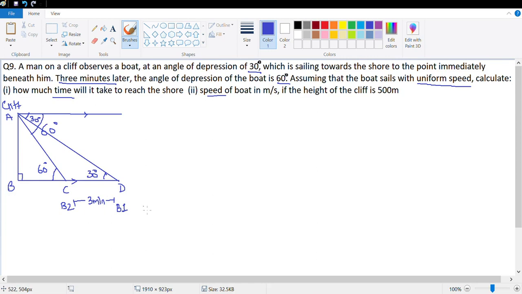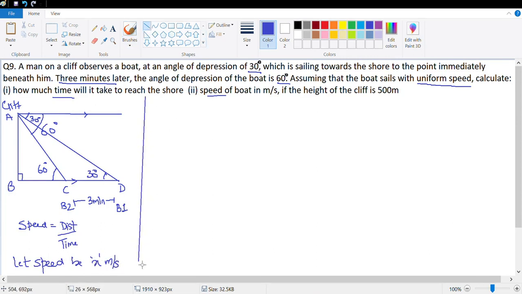Now we know that we need to calculate distance, so we will have to apply the formula speed is equal to distance upon time. Speed is not given, so let speed be x meter per second.